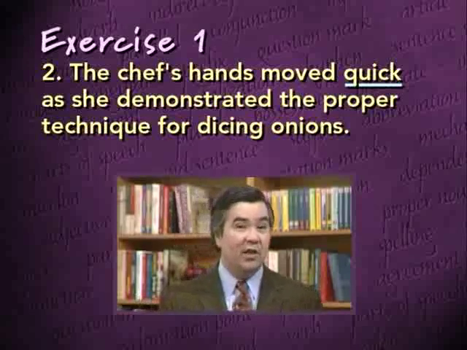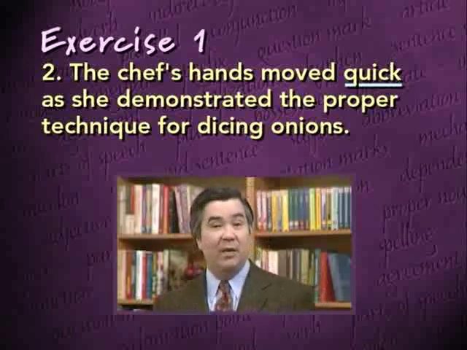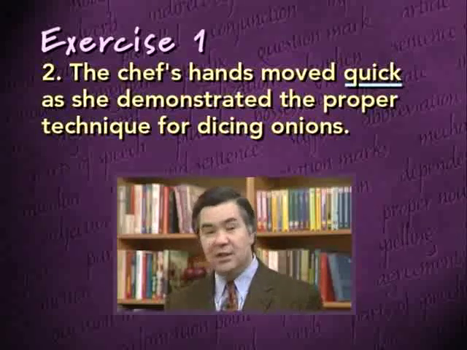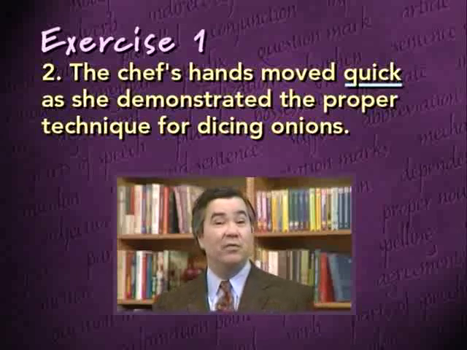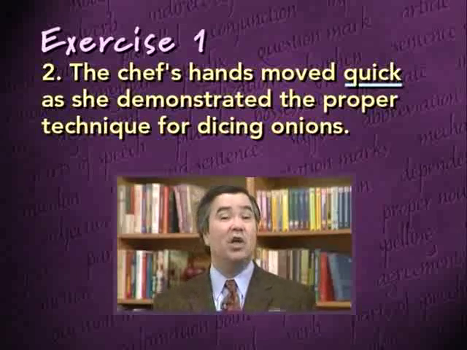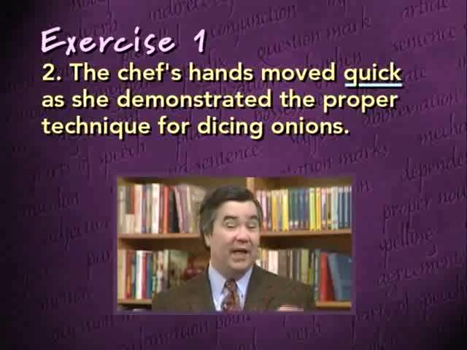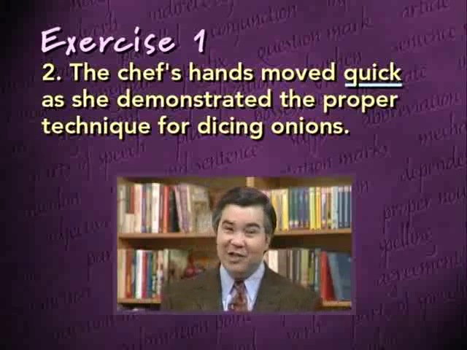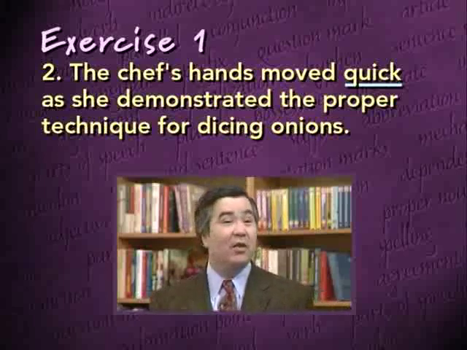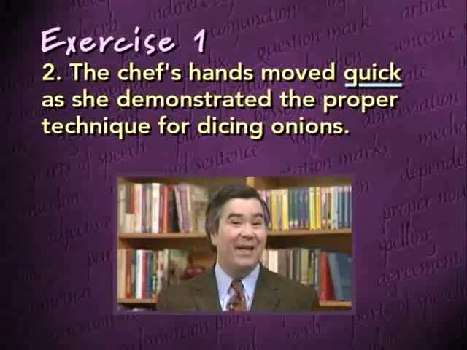Now, is it correct to use an adjective or an adverb in this particular part of the sentence? What is it modifying? Well, it's modifying the verb moved. It's telling how the chef's hands moved. And is moved an action verb or a linking verb? Is it describing an action or a state of being? Well, clearly the verb moved is describing an action.